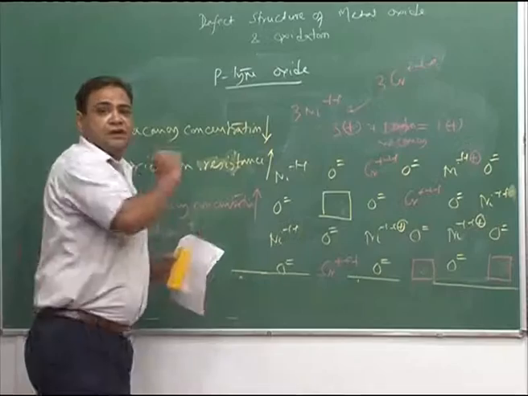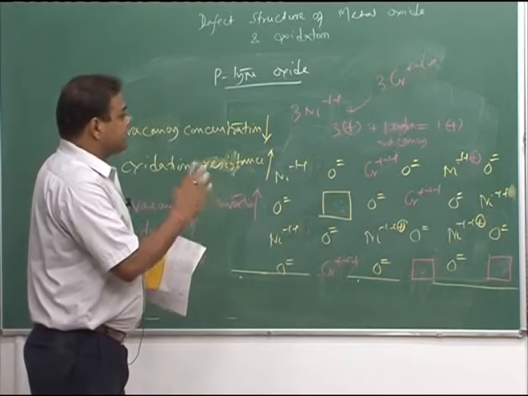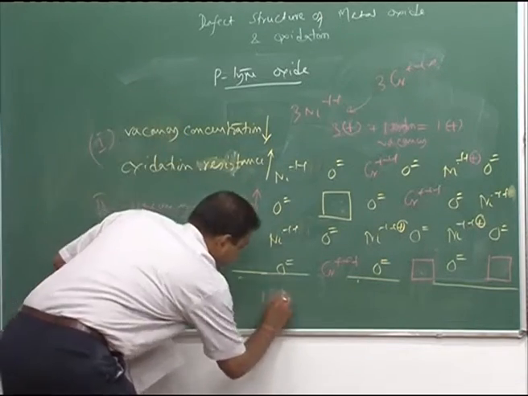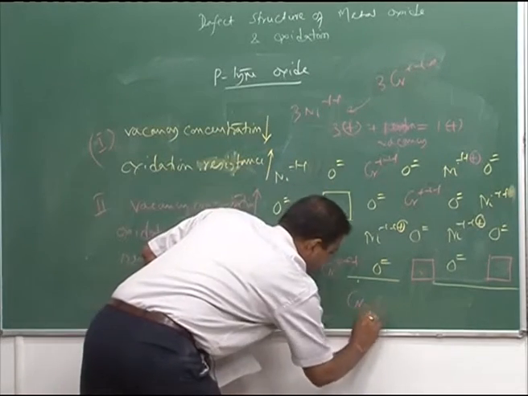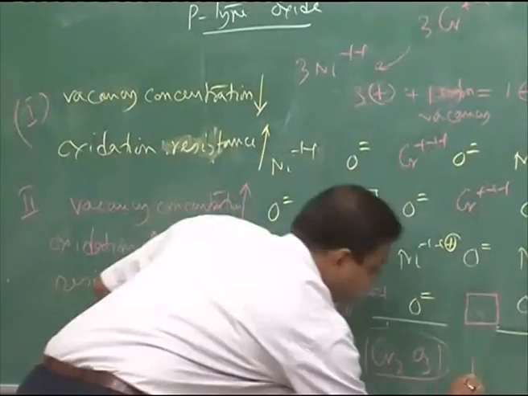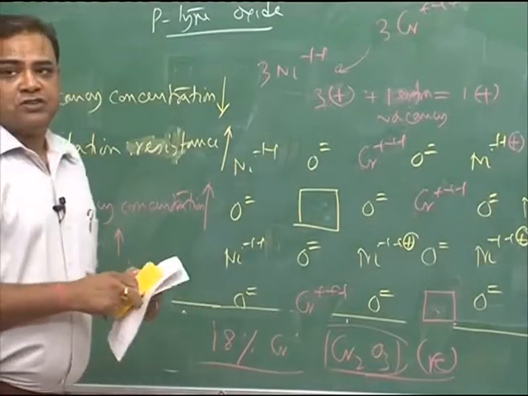Rather, there is a decrease in oxidation resistance below that. So, the chromium oxide layer would form at about 18% chromium in iron, and it could give a very high oxidation resistance on the iron surface.